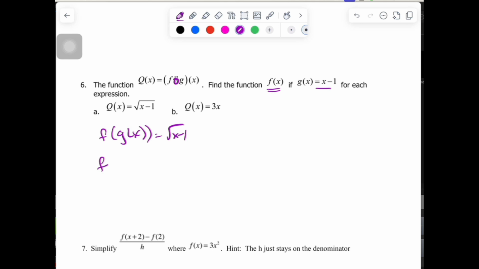And so g of x is x minus 1. This has to go into some function for x, so f of x must be square root of x, because if I take this value and substitute in for this x, that is how I get that.